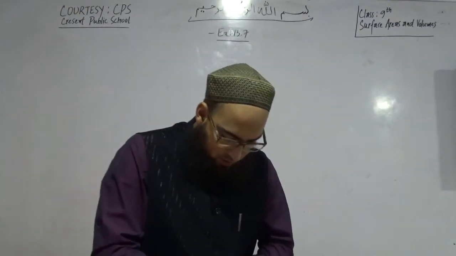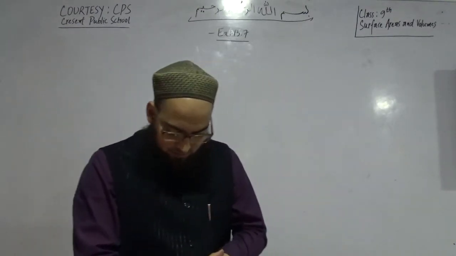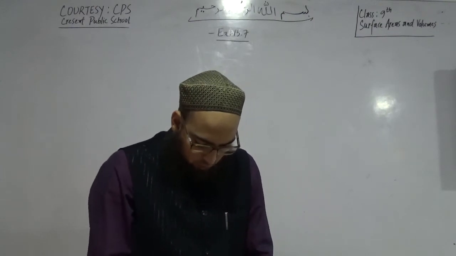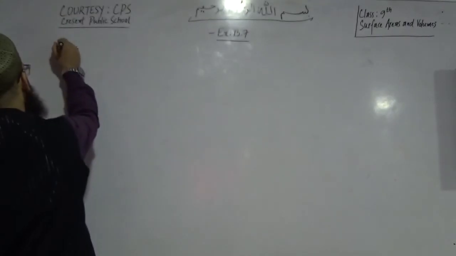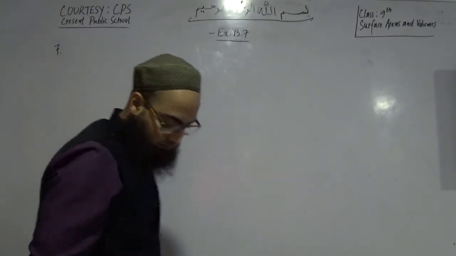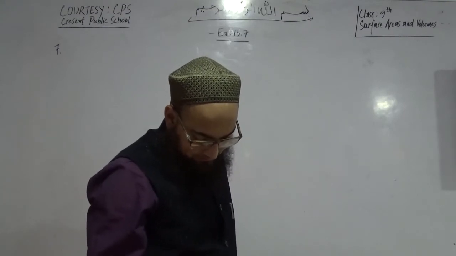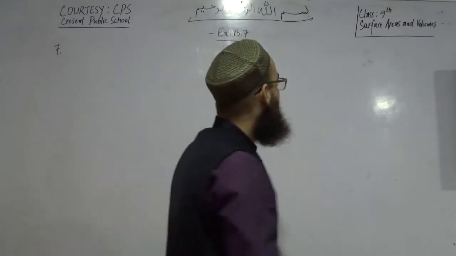Question number 7. A right triangle ABC with sides 5, 12 and 13 centimeter is revolved about the side 12 centimeter. Find the volume of the solid so obtained. Let me show you question number 7. You have a right triangle ABC.